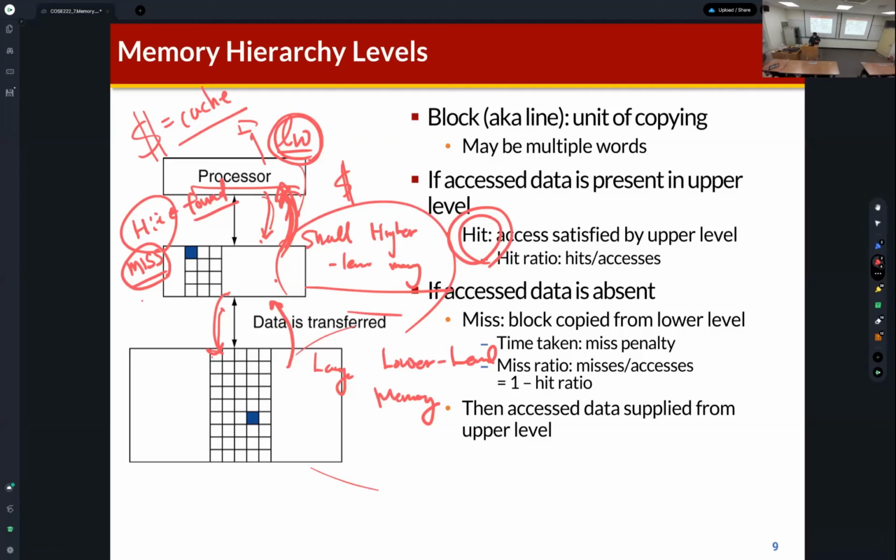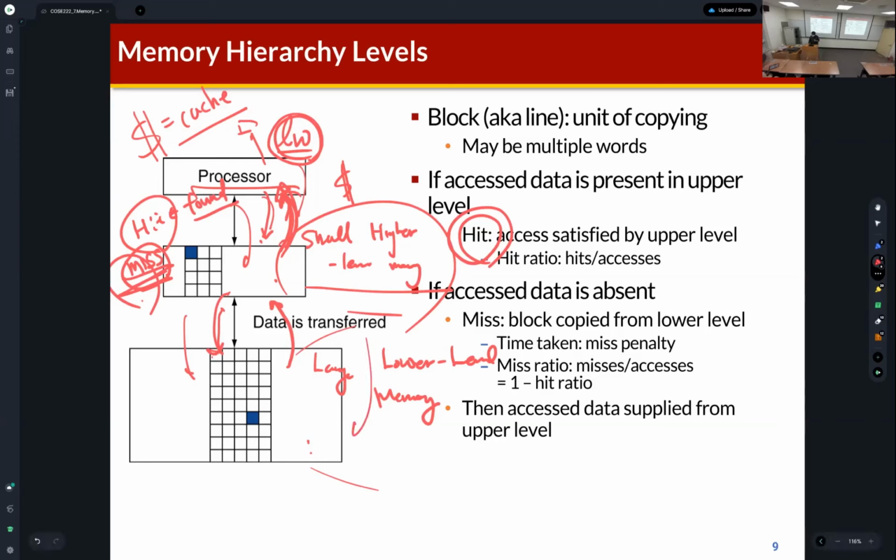But in the miss case, the data is not found in the higher level memory, which means the data will be found in the lower level memory. So it will take longer time. The processor needs to wait more cycles if the data is found in the low level memory.